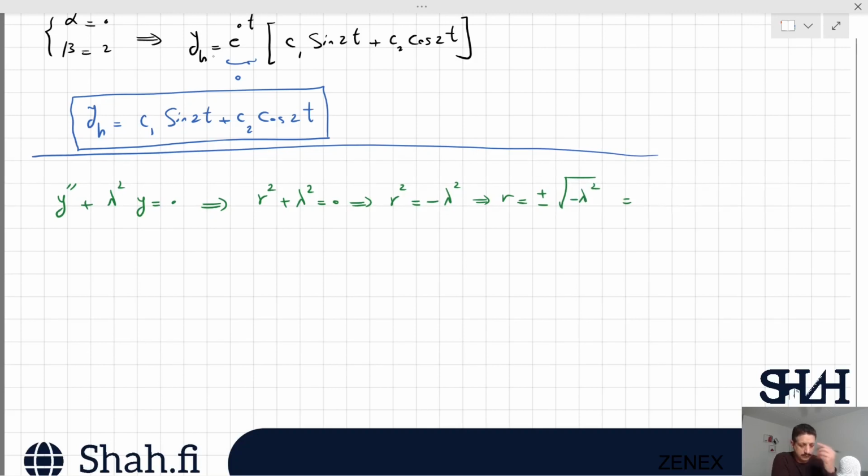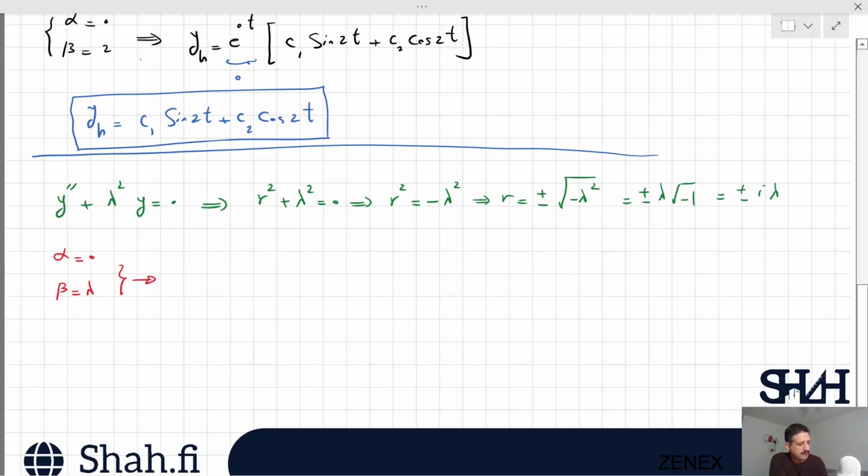As far as lambda² is a positive number, its square root will be lambda, so it will be plus minus lambda times square root of minus 1, or we can say plus minus i lambda. So in this case, alpha is again 0 and beta is lambda.